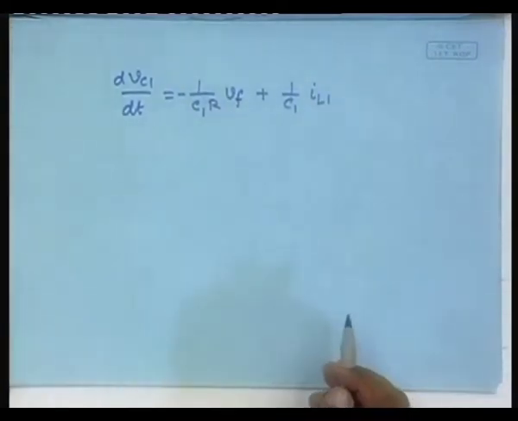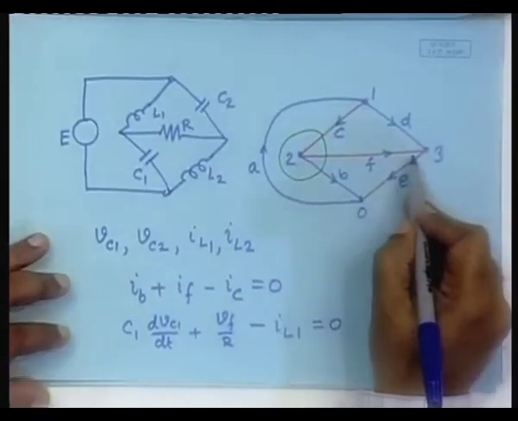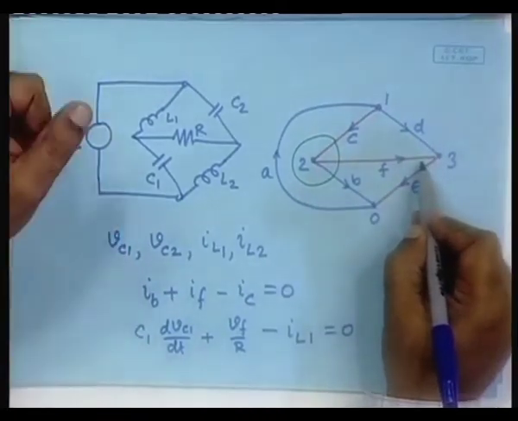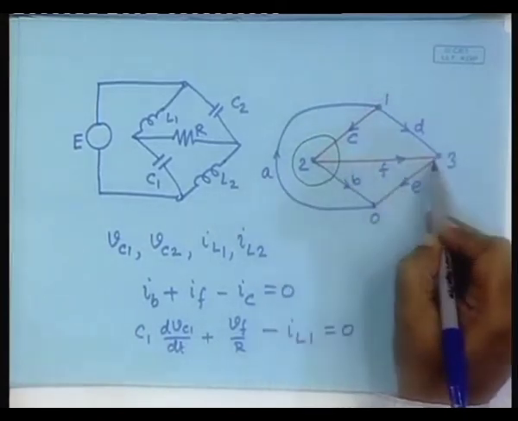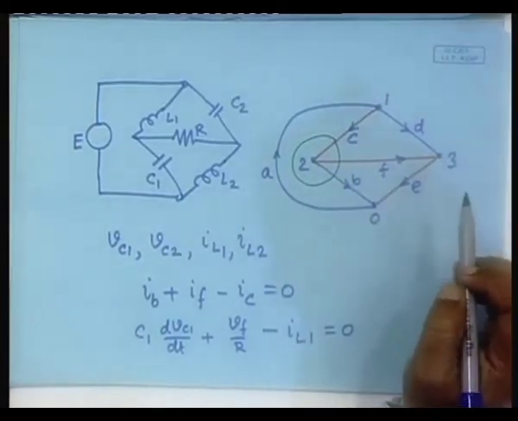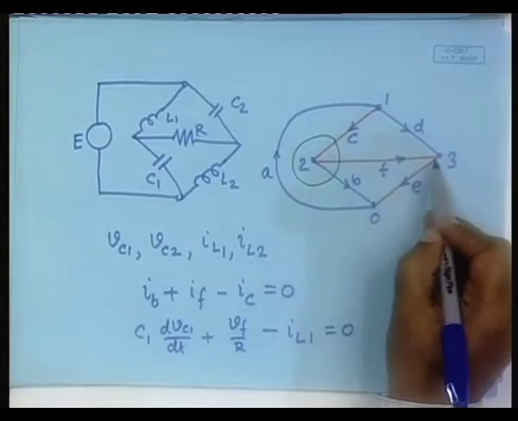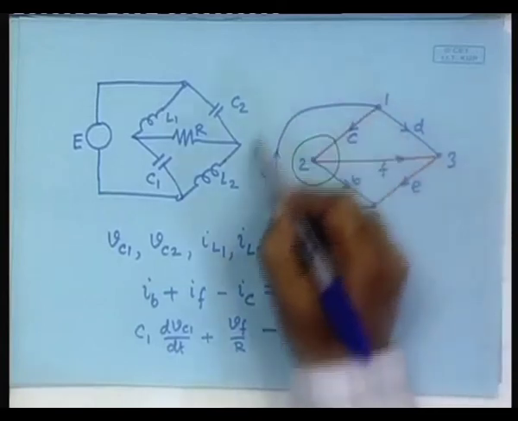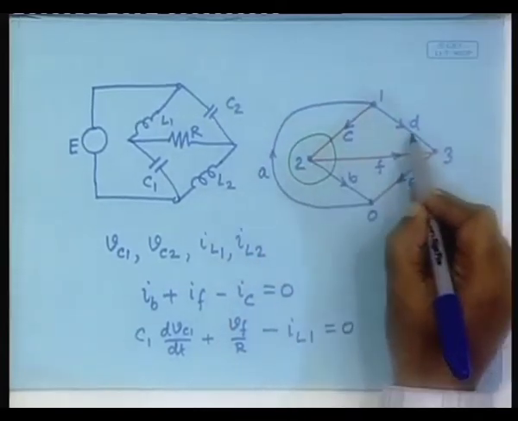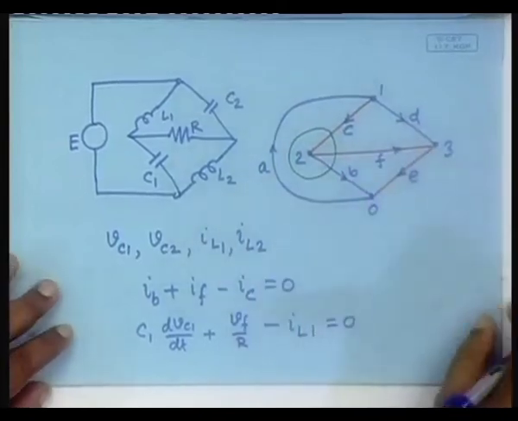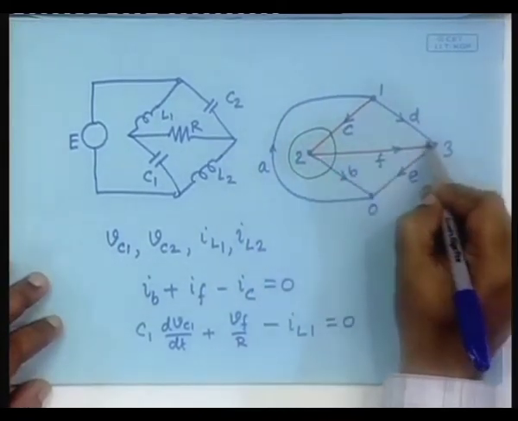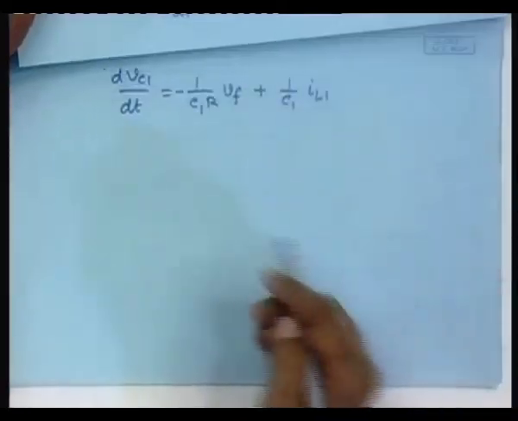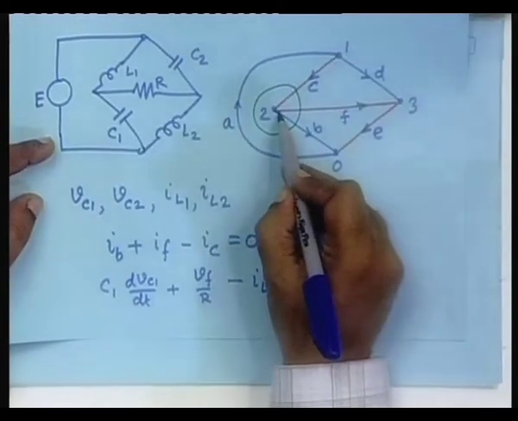VF is needed. VF is a voltage which will have to be obtained from a basic loop. So, what is the basic loop containing VF? 0, 3, 0, 2, 3, 1, 0. Yes, this is the loop that contains VF. So, write down the equation for that. Let us start from here.